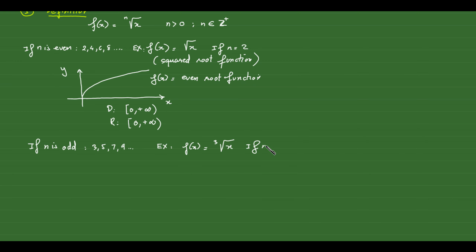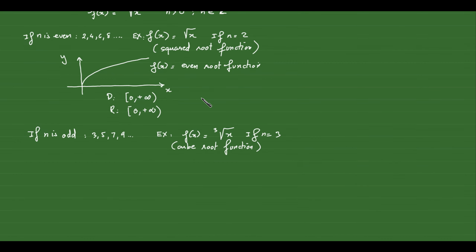This is called the cube root function, or sometimes we call it the third radical function. Remember when you were first introduced to a radical, the n value we call the index, right? So if n equals 5, then we may call that the fifth root function or the fifth radical function. Same thing.